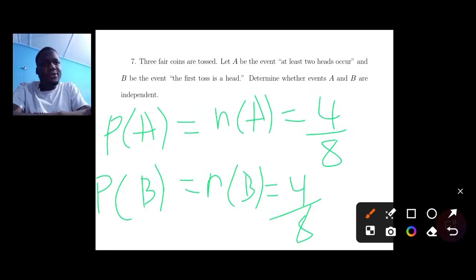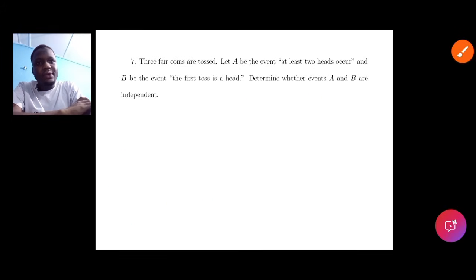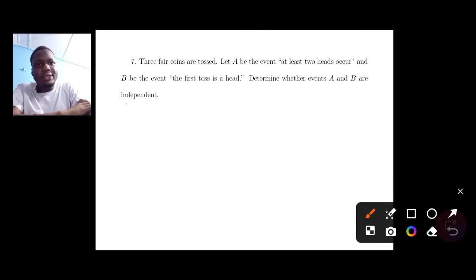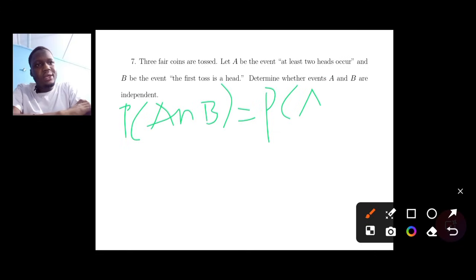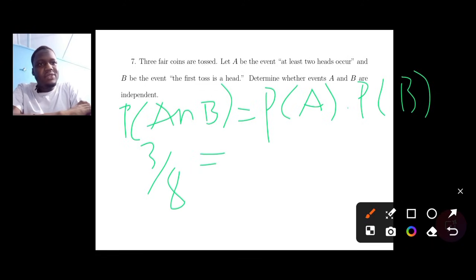Okay. So finally, to prove independence, it says that P(A and B) is equal to P(A) times P(B). We had P(A and B) to be 3 over 8. Let's see if it's equal to 4 over 8 times 4 over 8.